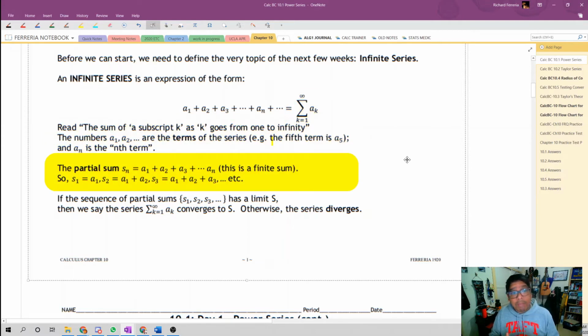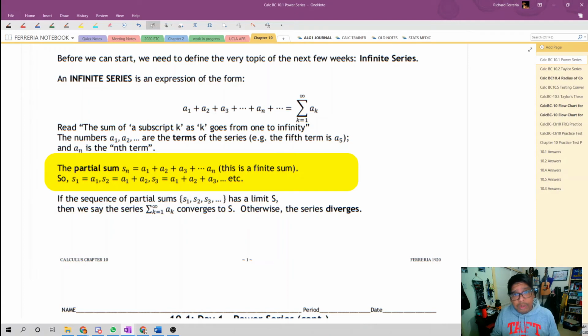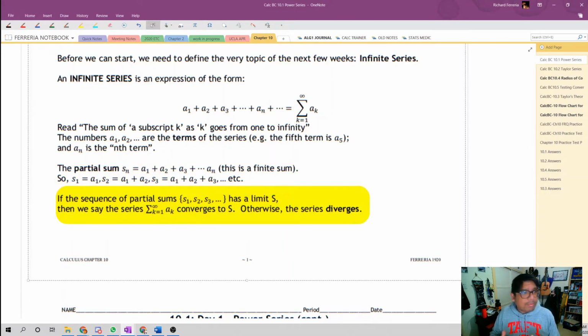Next, we have a partial sum. The partial sum only adds a few terms from the series. So S1 is just the first term, S2 is terms 1 and 2, and S5 would be the first 5 terms, etc. Our first thought here is that if the sequence of partial sums has a limit, then the series is said to converge to that limit.